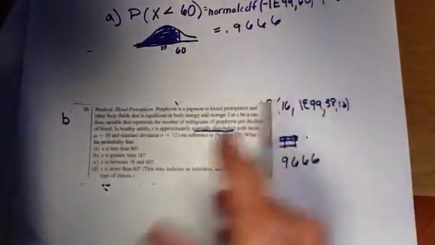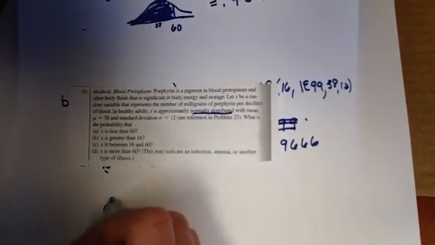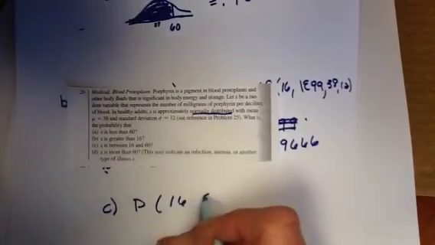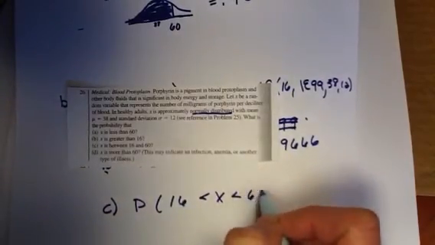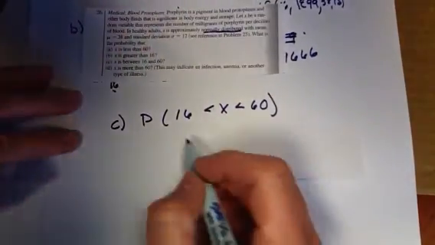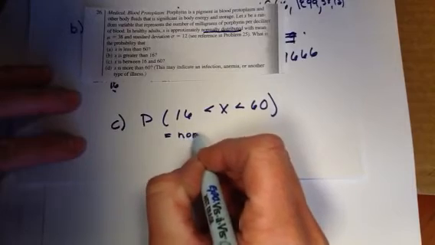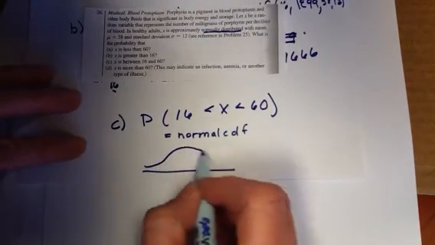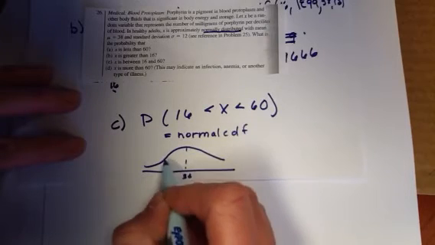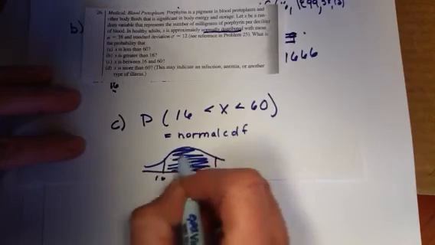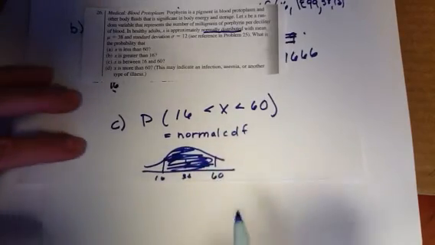Okay, let's do part C. X is between 16 and 60. So had we done our z-scores here, we could change this into the z-scores, but let's do our normal CDF. Let's draw our picture. 38's in the middle, 16 is over here, 60 is over here. We want the area between them, right?